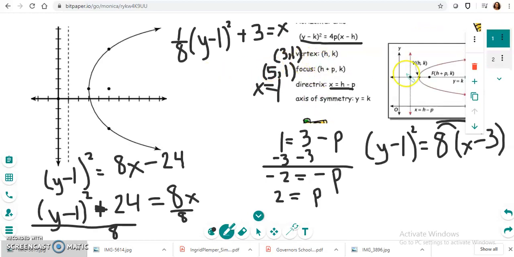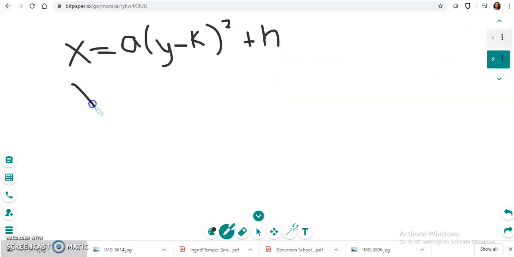If you recall, our vertex was (3, 1), (h, k), correct? So we can plug that right on in. We have a times y minus 1 squared plus our h, which is 3.